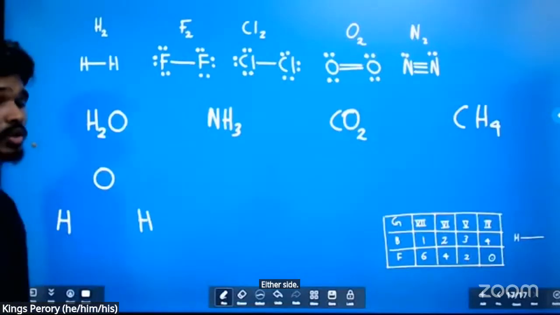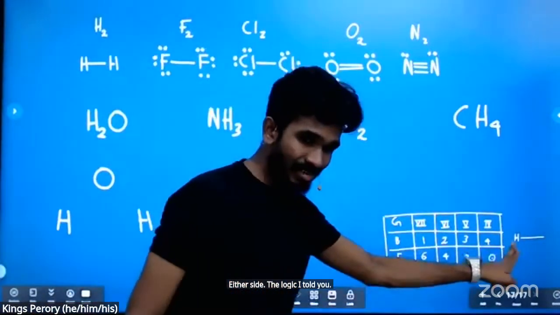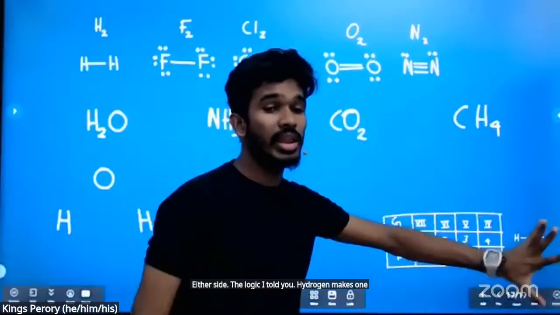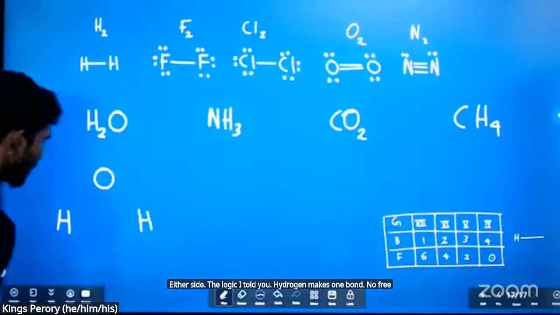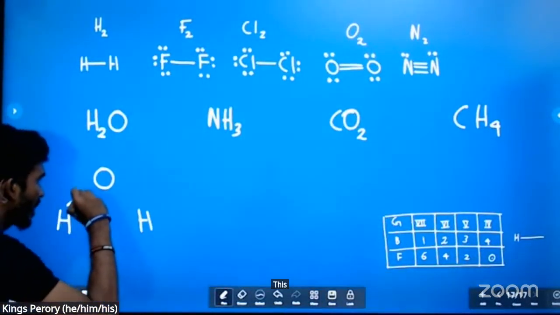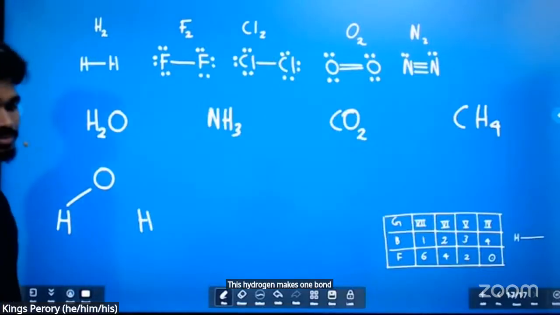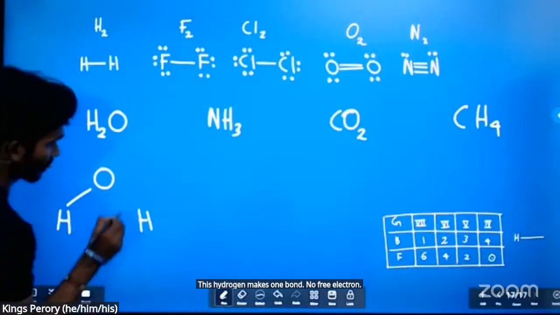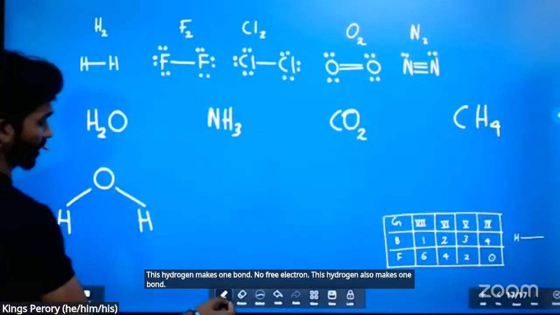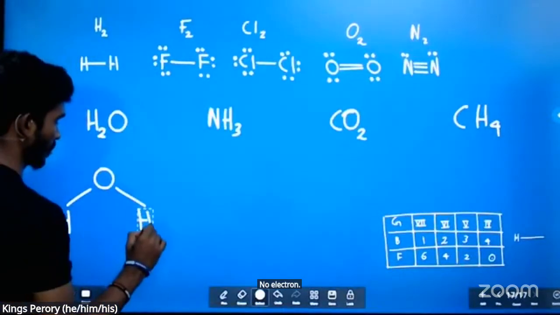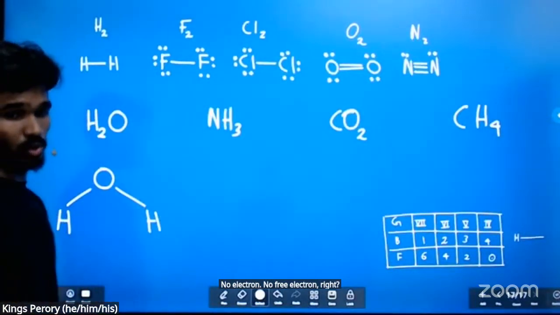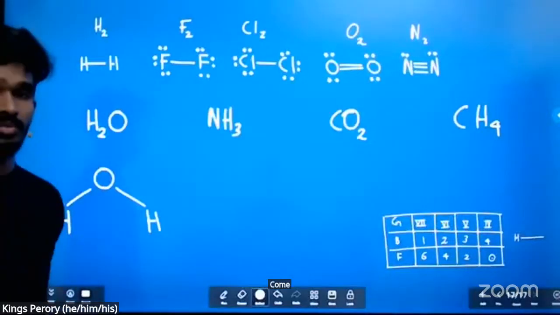The logic I told you, hydrogen makes 1 bond, no free electron. This hydrogen makes 1 bond, no free electron. This hydrogen also makes 1 bond, no free electron. Right. Hydrogen story over. Come to oxygen.